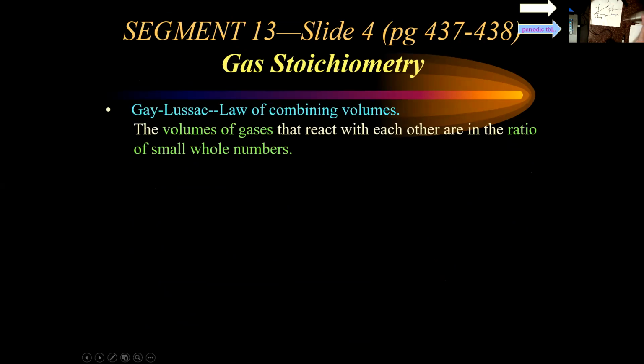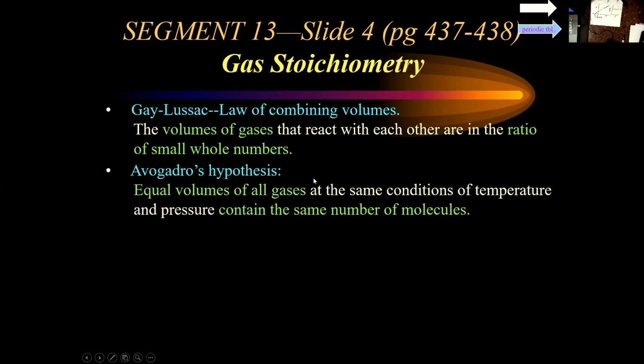Now, remember, volume is proportional to number of moles. We just saw that a while ago. That was Avogadro's law. Well, Gay-Lussac looked at that and thought, okay, the volume of gases that react with each other should be in the ratio of their balancing coefficients, small whole numbers.